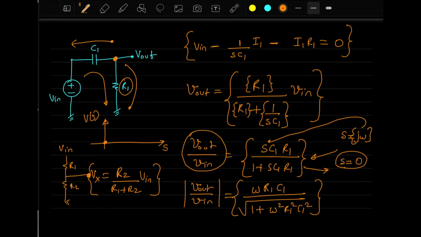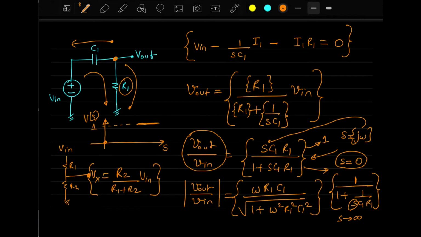And if s is infinite, this expression will go to 1. You can check this out, it's very easy. You take the SC1 R1 out, it cancels from the numerator and denominator, and you are left with this expression. Once s tends to infinity, the numerator divided by the denominator becomes equal to 1. So when s is infinity, you have 1.